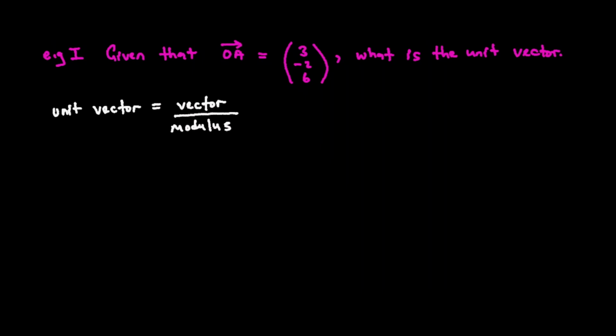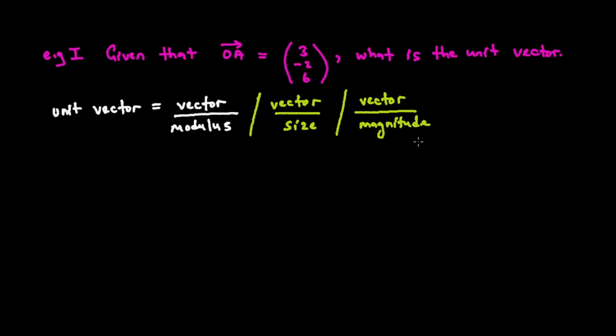So here you can remember this formula by saying vector over size, or vector over magnitude. Okay. So now, we have the vector. It's already in column form.